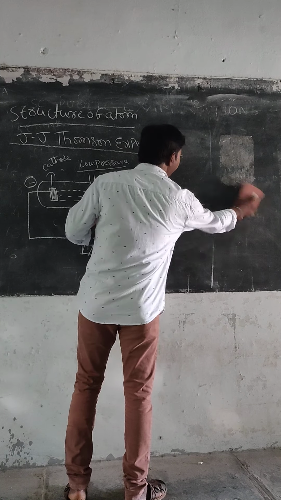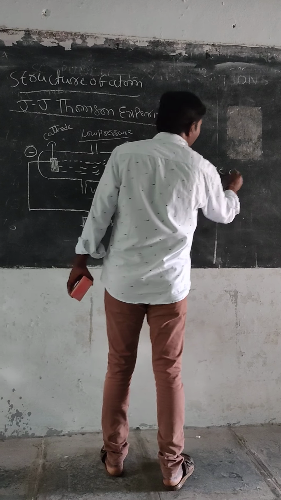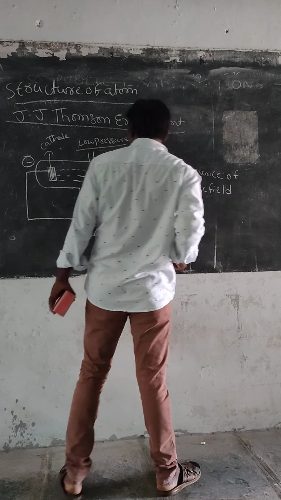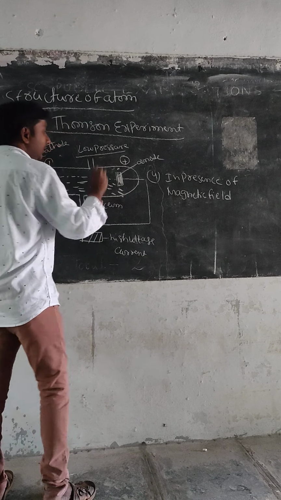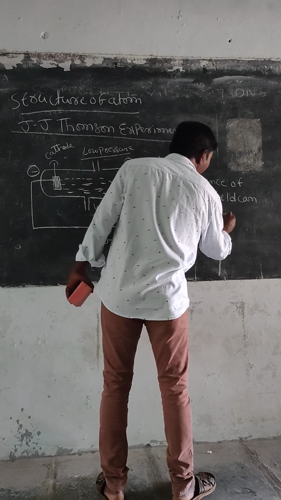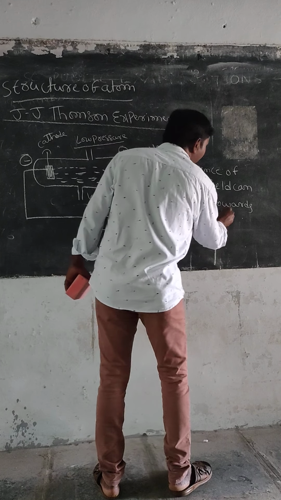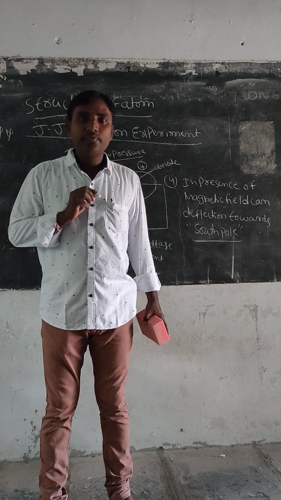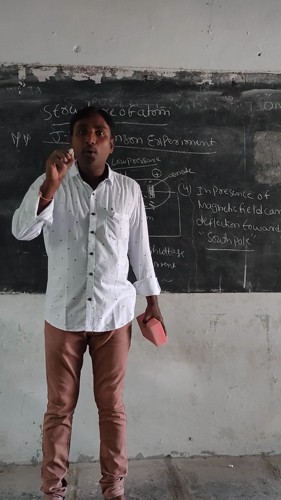Next, in the presence of a magnetic field, these particles are deflected towards the south pole. In the absence of electric and magnetic fields, these particles move in a straight line without deflection.